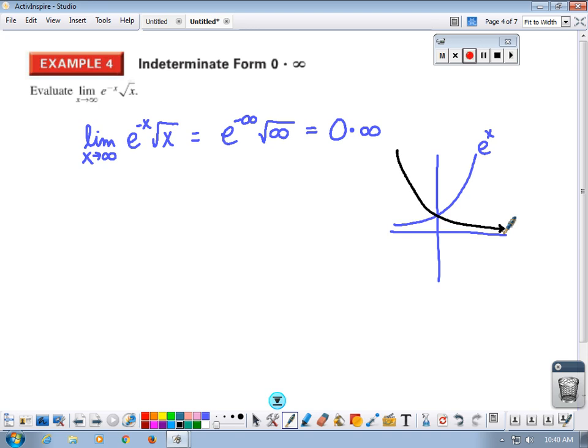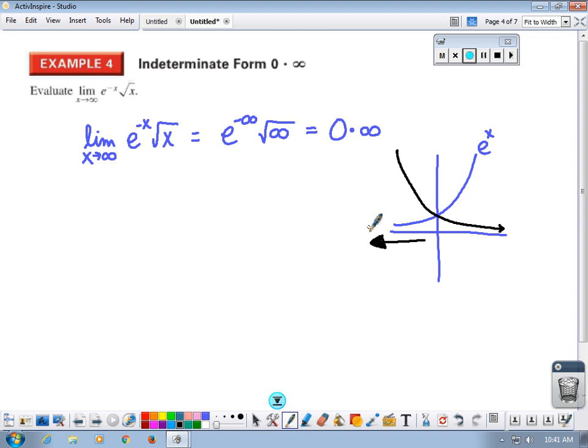It approaches 0, or you can look at the blue graph as e to the x, as x approaches negative infinity, so going to the left, then you're approaching 0. You're approaching the axis, but it's never going to be 0. Okay, you've got little bitty fractions in there. So let's see what's going to happen here.